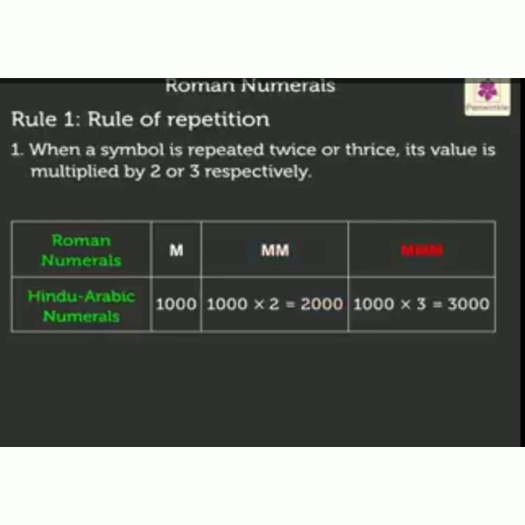Roman numeral M represents 1000. If I write it twice, I have to multiply 2 times with 1000. If I write M thrice, I multiply 3 with 1000. So 3M represents 3000, 2M represents 2000, and M represents 1000.